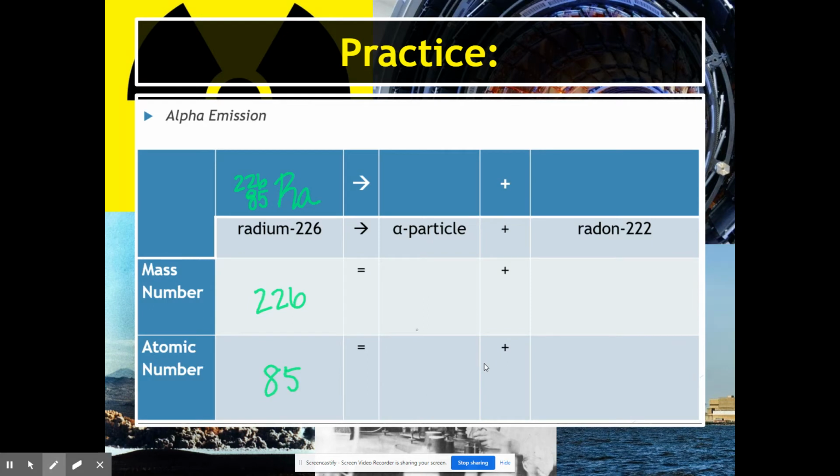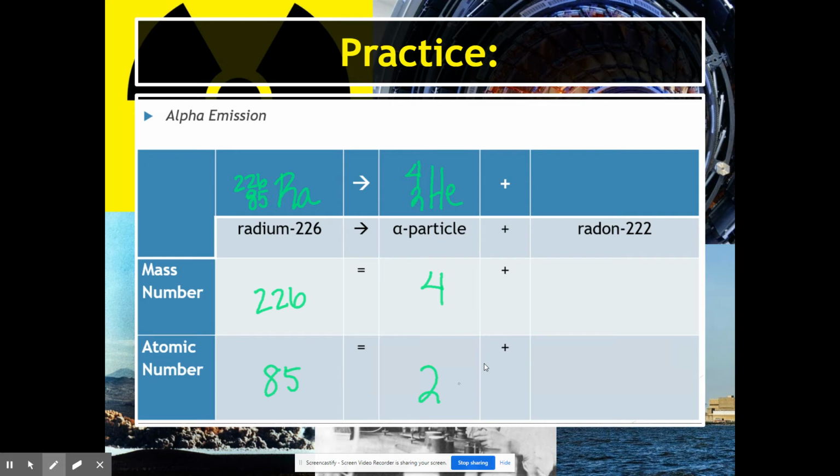It's giving off an alpha particle. Go back to your notes earlier and find out an alpha particle, what it looks like, how we write it. You're going to write it 4, 2, He. So it has a mass of 4 and an atomic number of 2.